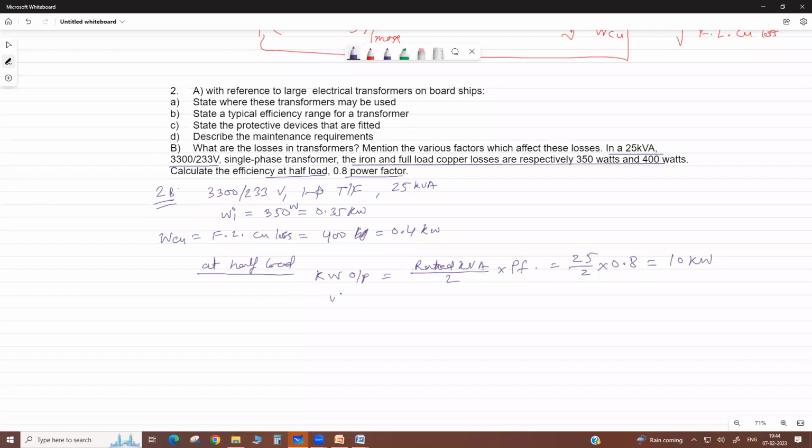Now iron loss will be the same. Copper loss at half load will be 1/4 of full load copper loss. 1/4 into 400 comes to only 100 watt, means 0.1 kilowatt.